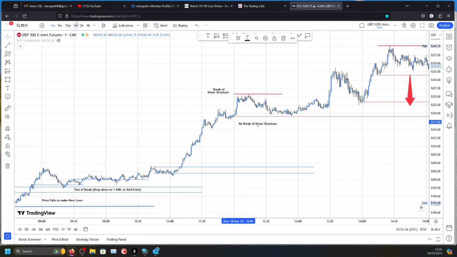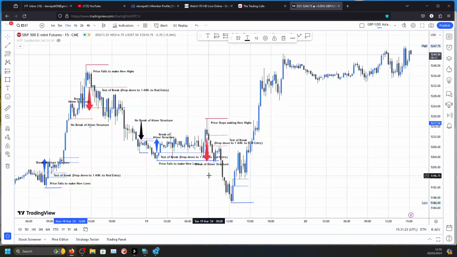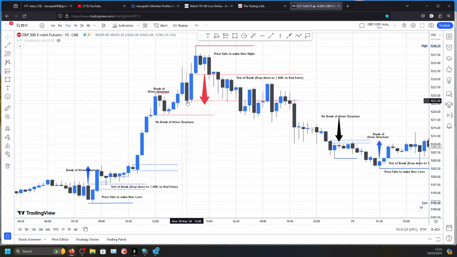Now, let me just double check that. Oh dear. Yeah, that's the break of structure there. Yeah, there's no break of structure here.